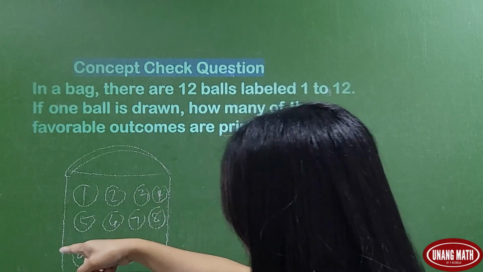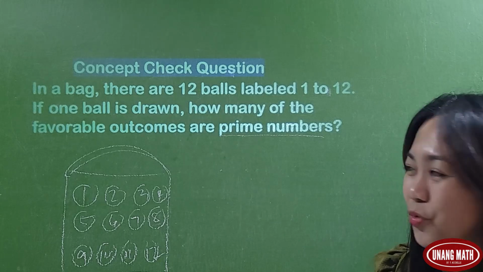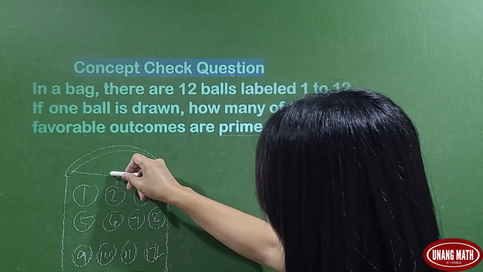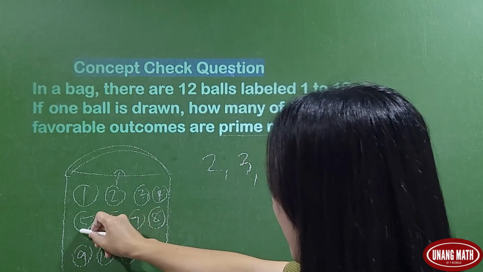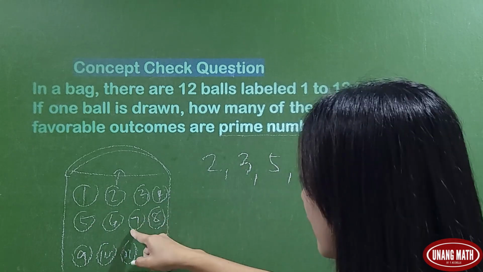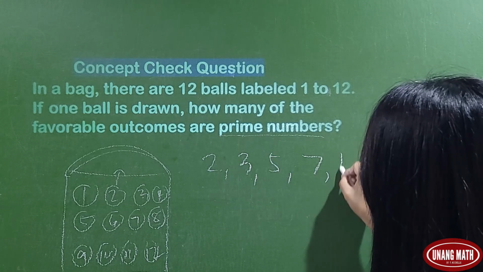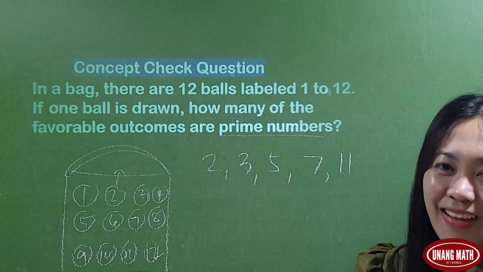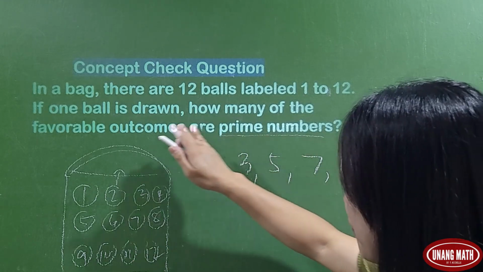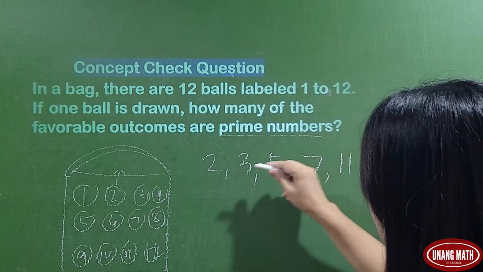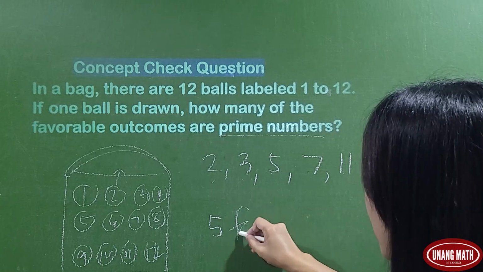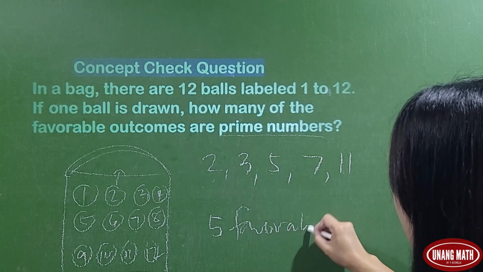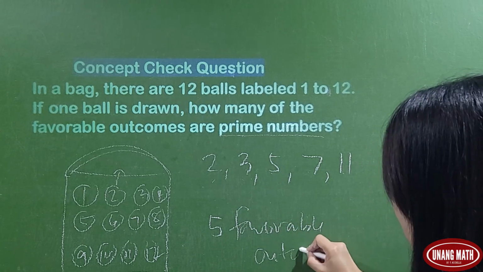We have 2, 3, 5, 7, and 11. So how many favorable outcomes are prime numbers? 1, 2, 3, 4, 5. So we have 5 favorable outcomes.